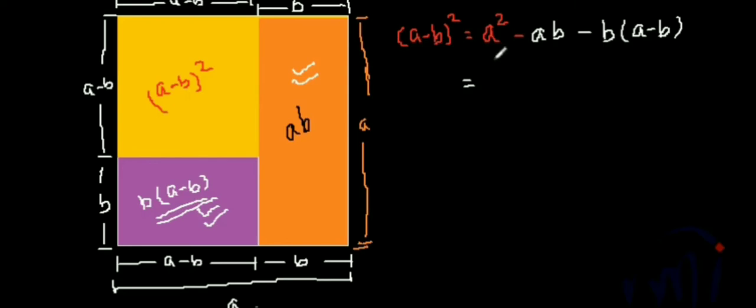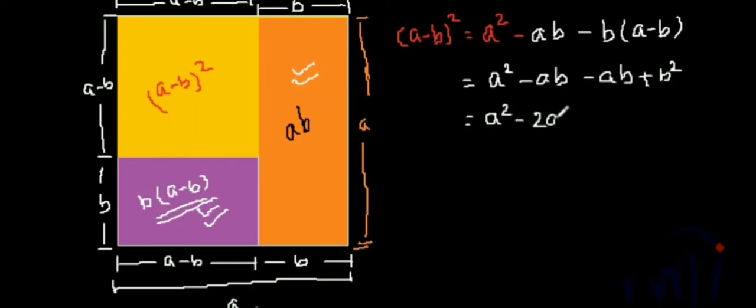So we will get this A square will be as it is. This minus AB will also be as it is. And minus B multiplied by A will be minus AB. And minus B multiplied by minus B will be plus B square, right? So this can be written as A square minus AB minus AB is minus 2AB and then plus B square, right?